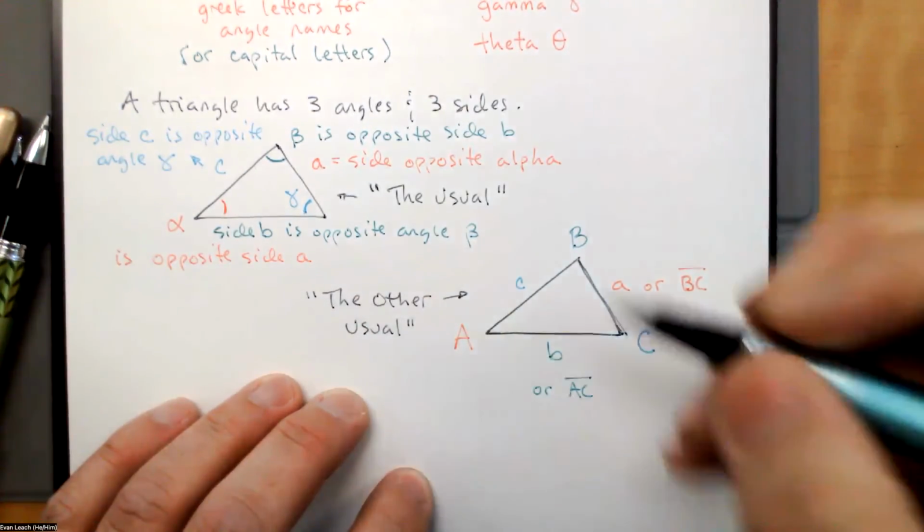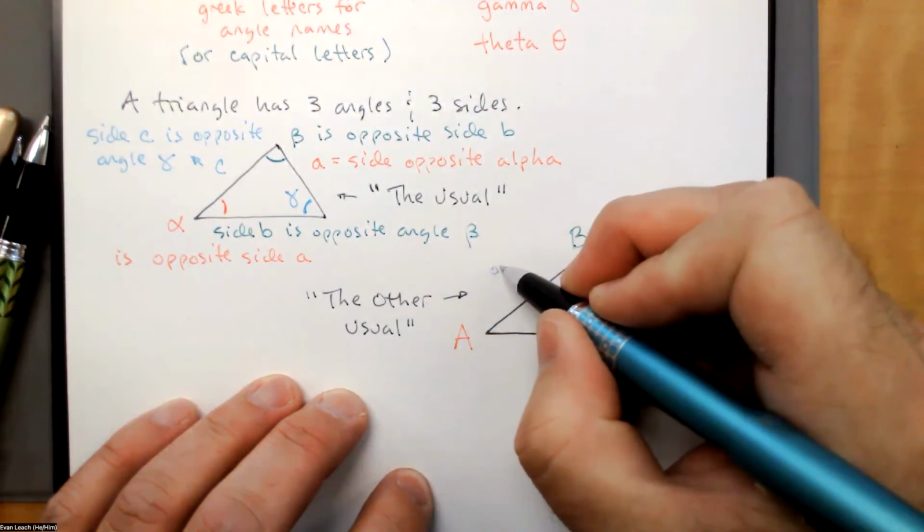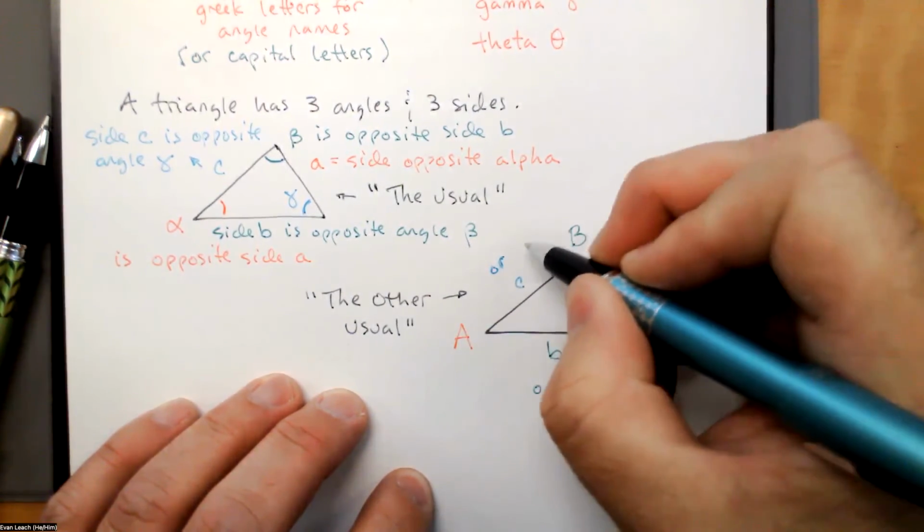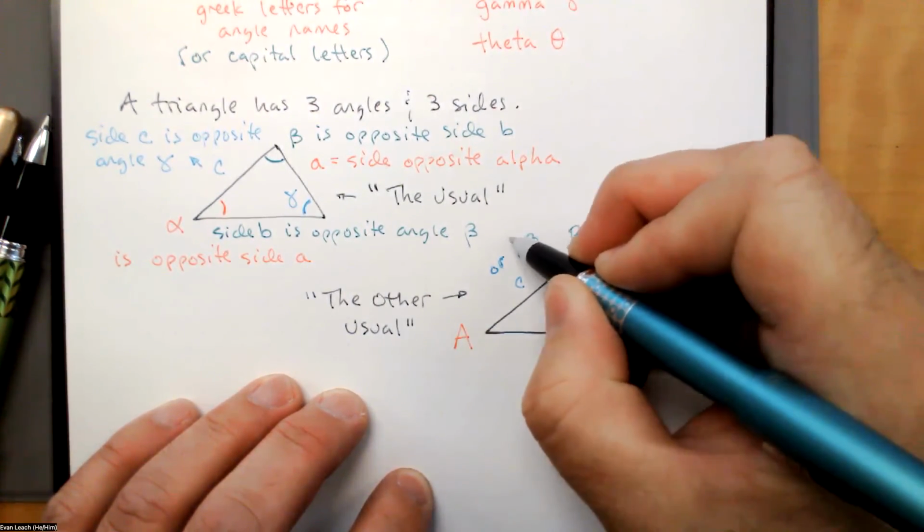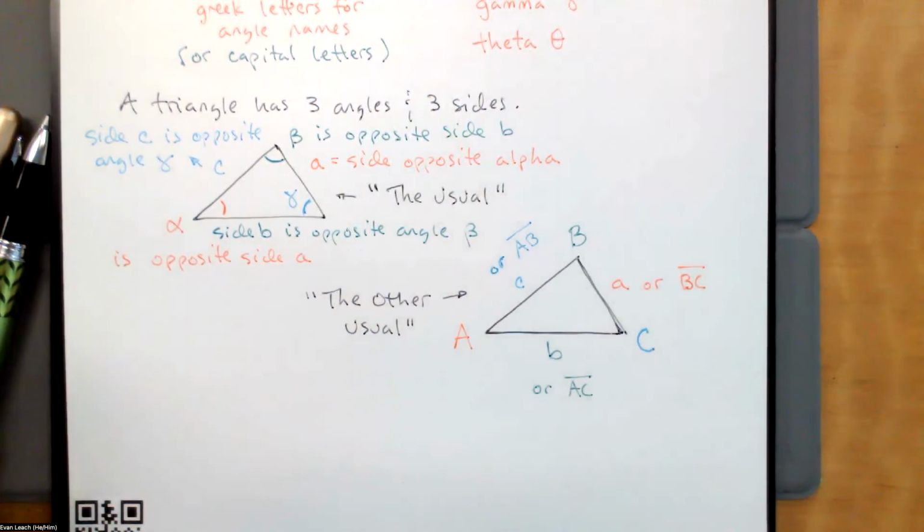And this could be side C or AB. Sometimes we don't care about all the parts, but if we do care about all the parts, this is how we're going to do it.